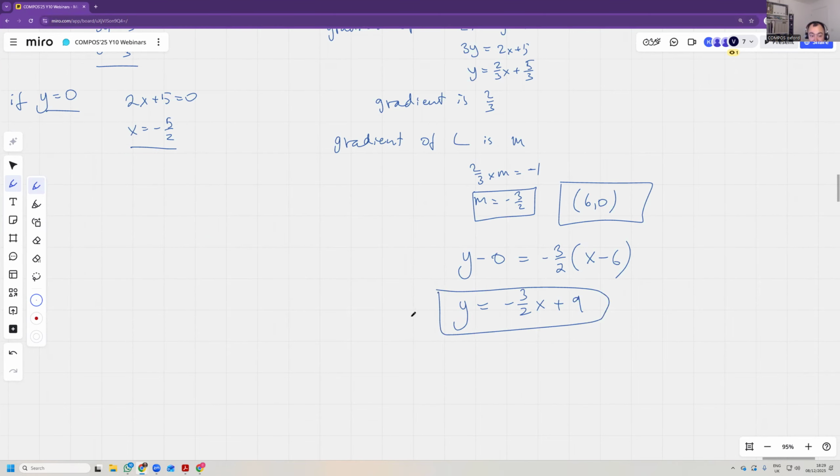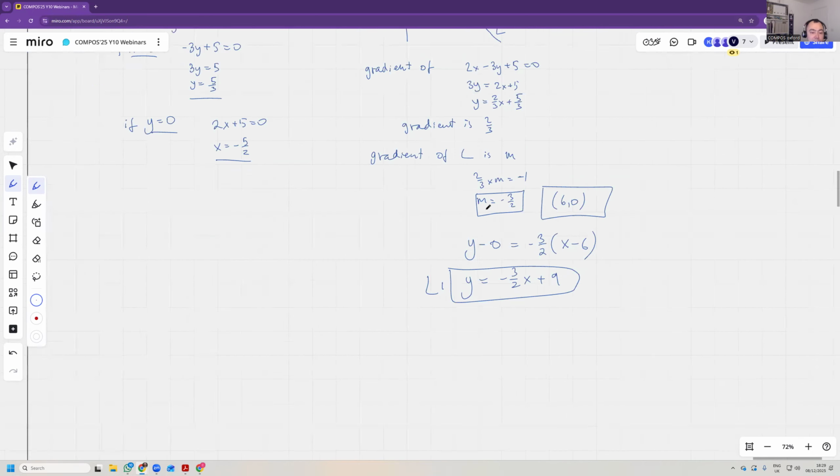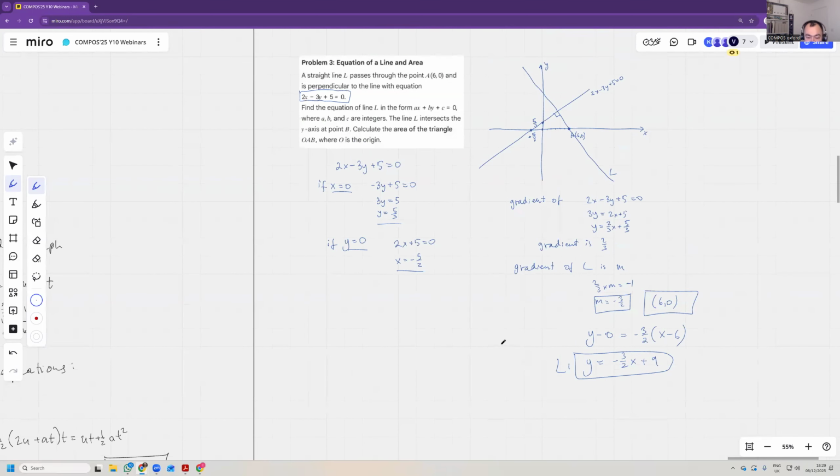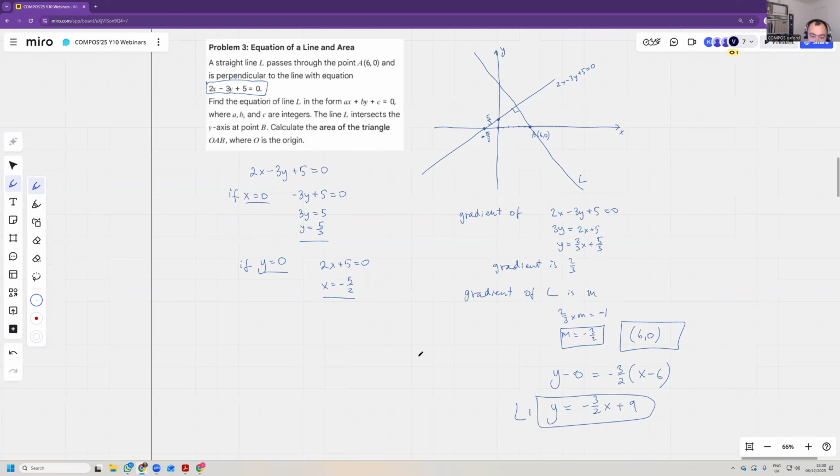And that's the equation of line L. That means that it cuts the y-axis at point 9, yes? Because it cuts the y-axis at the point where x is 0, and that means it's 9. So it's (0, 9). It meets the y-axis at point B, so that's point B.